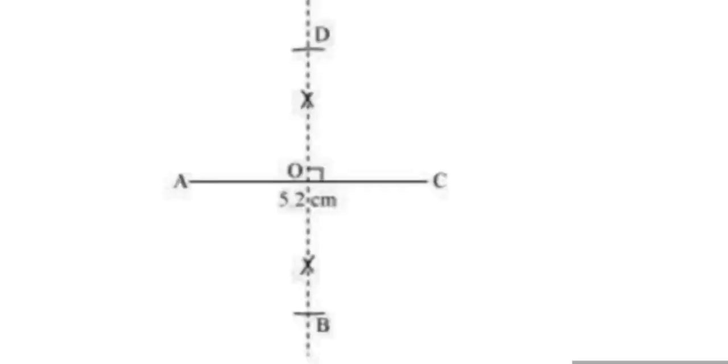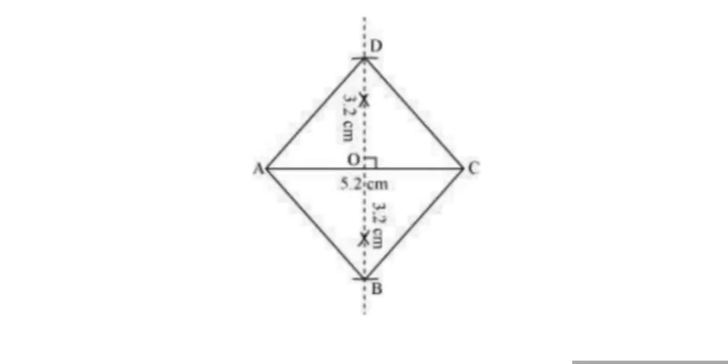Let it intersect the line segment AC at point O. Now draw arcs of 3.1 centimeter on both sides of this perpendicular bisector. Let the arcs intersect the perpendicular bisector at points B and D. Now join B and D with points A and C. So ABCD is the required rhombus.